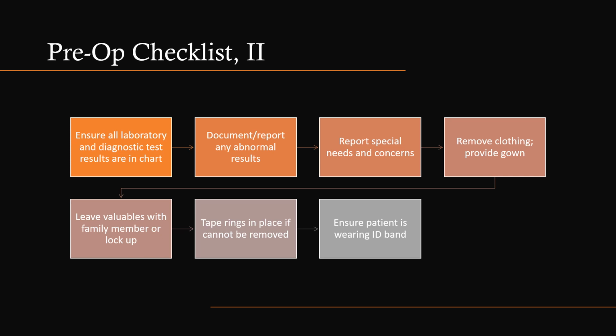Maybe the patient's going to need blood, or maybe there's something that needs to be done, or maybe they have a heart dysrhythmia that we discovered that needs to be documented. Right? These things are definitely important and need to be documented. You want to report special needs and concerns. You want to remove clothing and provide a gown. Leave valuables with a family member or lock them up. Tape rings in place if they cannot be removed. And then ensure that the patient is wearing the ID band.